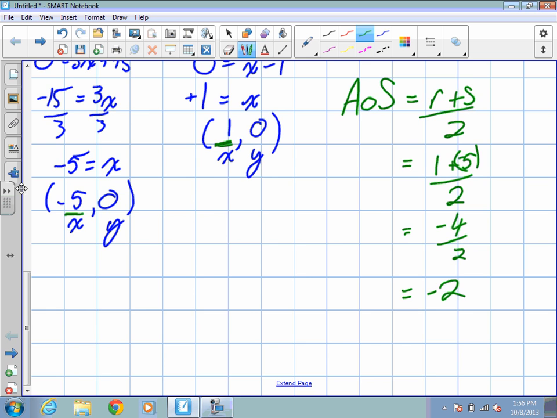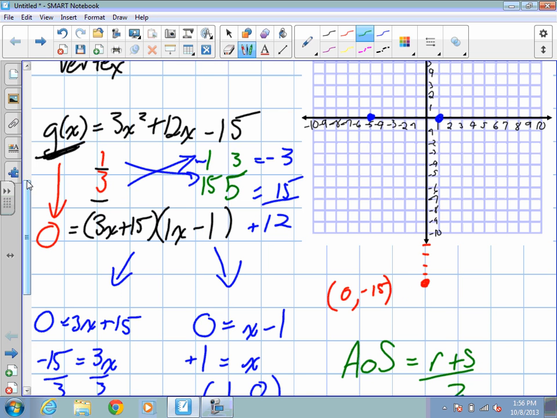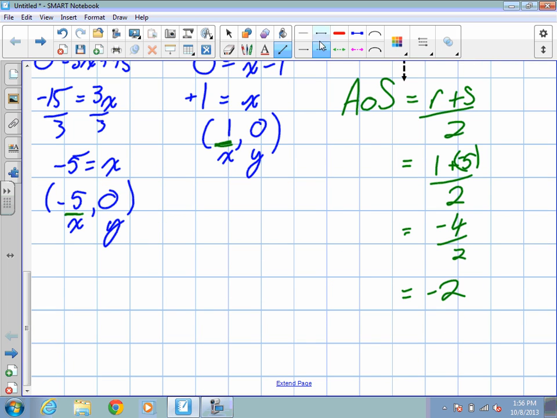So this is the X value of the vertex. It's also the axis of symmetry, which means it's an imaginary line running through the middle of this parabola. Okay, that's directly between the two X-intercepts. So the X value of the vertex is negative 2. So for our vertex, we know the X value is negative 2.